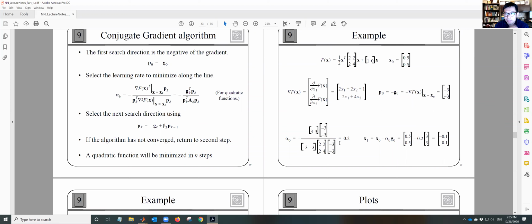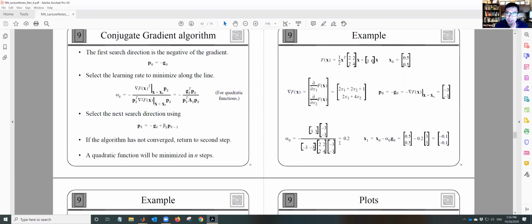For example, in previous homeworks, when I asked you to do the gradient learning, I believe most of you used the constant learning rate. And then later you minimized along a line, the improved algorithm. After you do the minimization along a line, I think you converge much faster, because if you use a constant learning rate, it might take like 1,000 iterations for this simple problem, or 100 iterations.